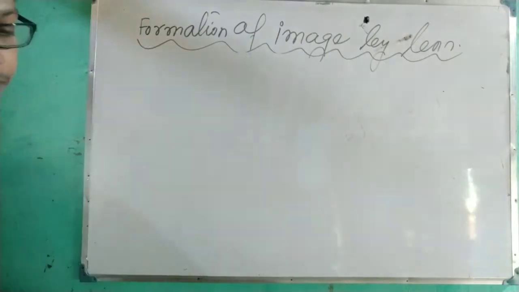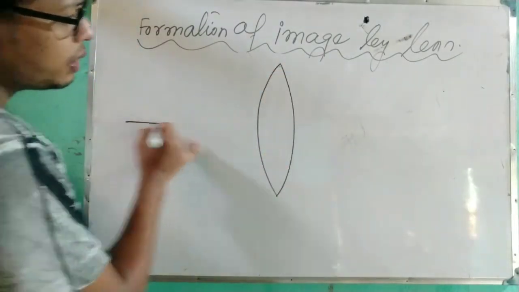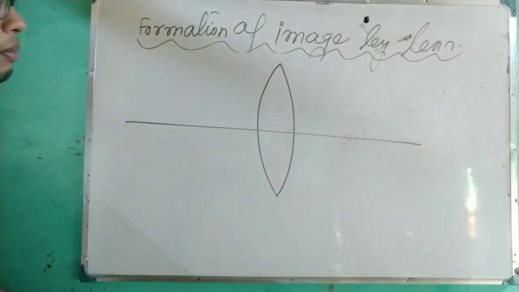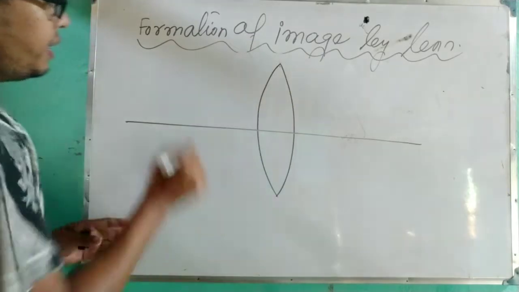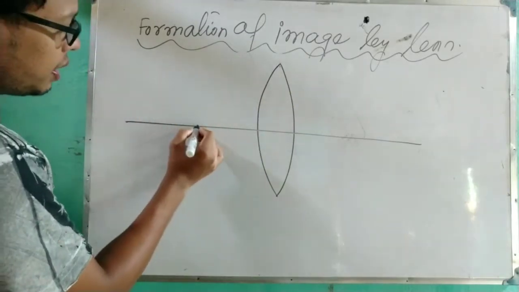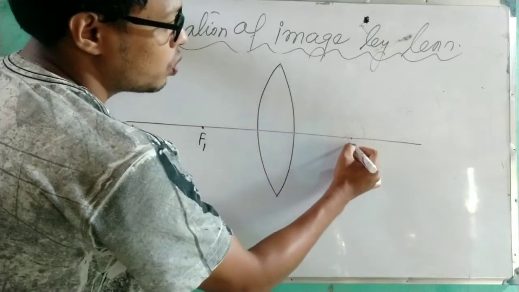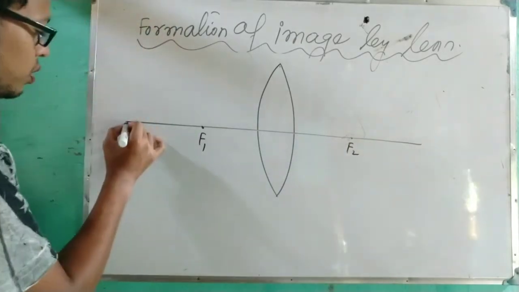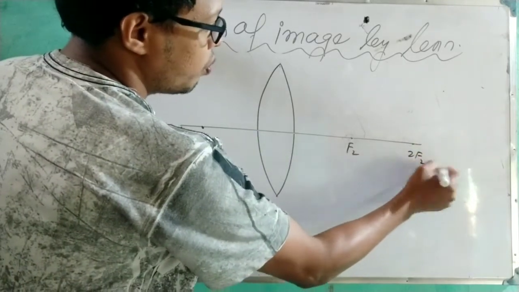The second rule is, look here, this is the convex lens. I am showing a convex lens because in all cases both will be the same. Here suppose the ray, we know that in case of convex lens it has two focal lengths, so f1 and f2 I am giving. So here it is 2f1, means center of curvature, and here it is 2f2.